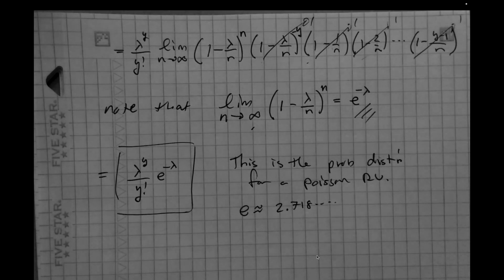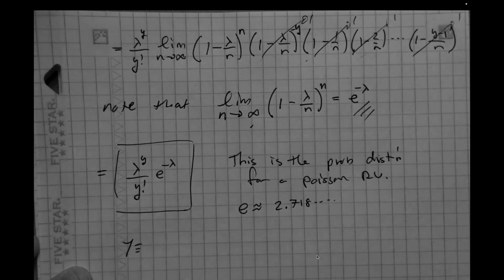So the Poisson probability distribution is a good model for the number, we'll say y, where y is the number of rare events that occur in some measure.